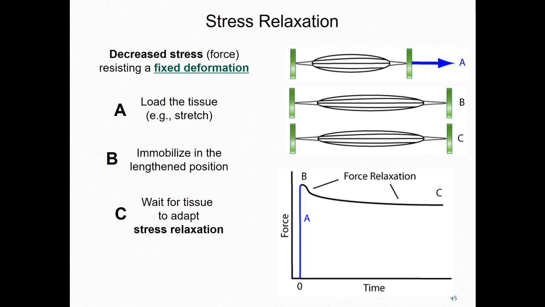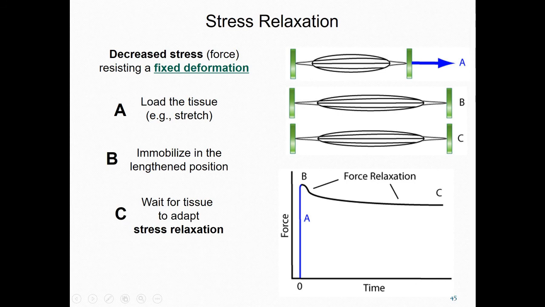Lastly, over time, what we see is that the tissue begins to adapt to the imposed stress, and the resistance force in the tissue starts reducing. So we can see this after we're holding it in position, the graph starts to dip down.